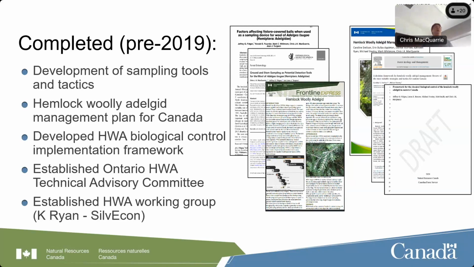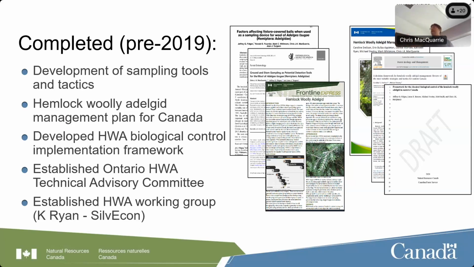And he started working with Jean on developing sampling tools. So Jean and Jeff and some other folks and myself worked on developing sampling tools and tactics for hemlock woolly adelgid. I had Carolyn Emerson working with me for a while, so we had Carolyn write a hemlock woolly adelgid management plan for Canada that influenced a lot of what's been done in other places. We developed this biological control framework for Nova Scotia.